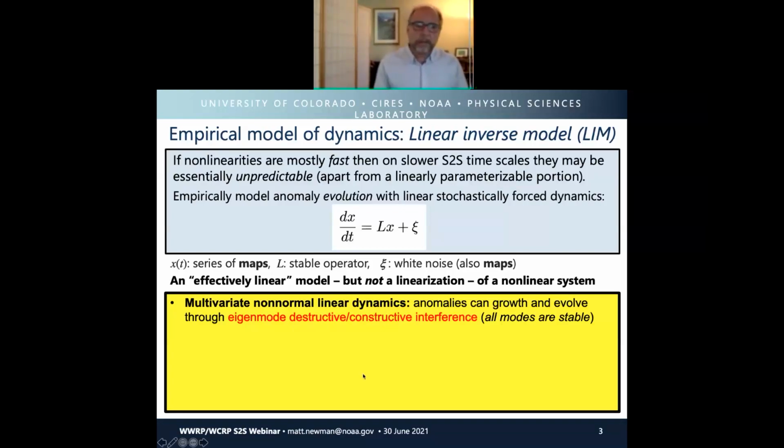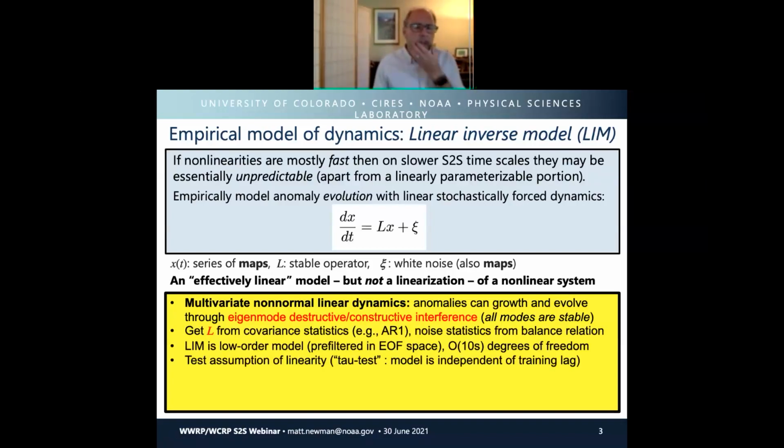And so that leads to something called non-normal linear dynamics, which mathematically means that the eigenanalysis of this matrix linear operator gives rise to a set of eigenmodes that describe the dynamics, but these eigenmodes are non-orthogonal, although all the modes are stable. And we'll get back to that in a bit.